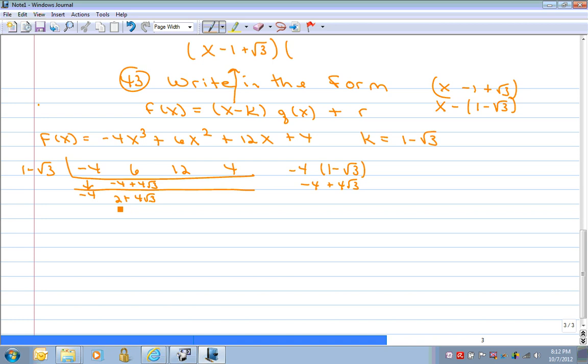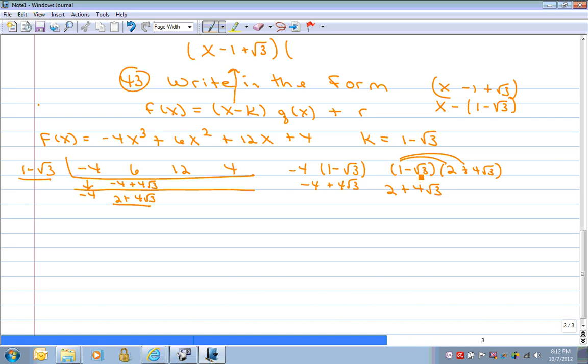Now, I've got to multiply this by this. So I'm going to go over here to the side again and work on that. I'm going to have 1 minus the square root of 3 times 2 plus 4 roots of 3. And this is where it gets tedious. You have to be very careful. So I'm just foiling. 1 times 2 is 2, and 1 times 4 square roots of 3 is positive 4 square roots of 3.